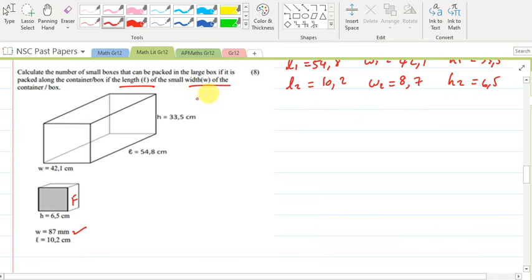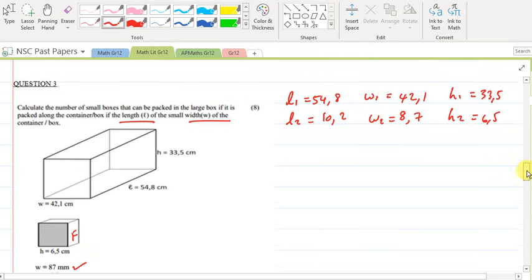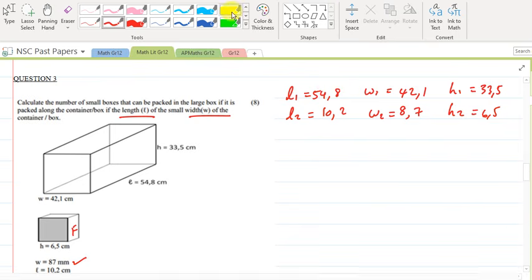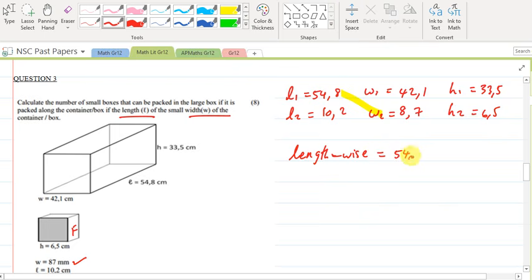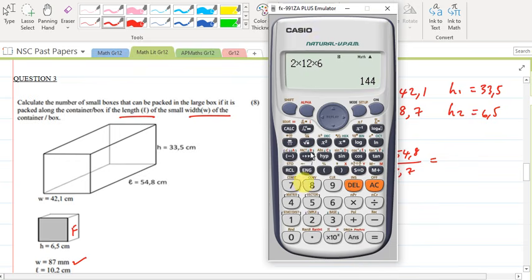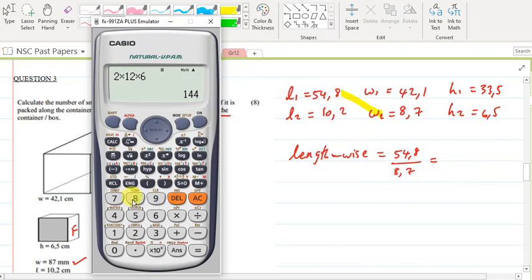So what's lengthwise? Lengthwise will be equal to 54.8 divided by 8,7. If you take 54.8 and divide by 8,7, you should get an answer of 6,29, 6,3, which is approximately equal to 6.